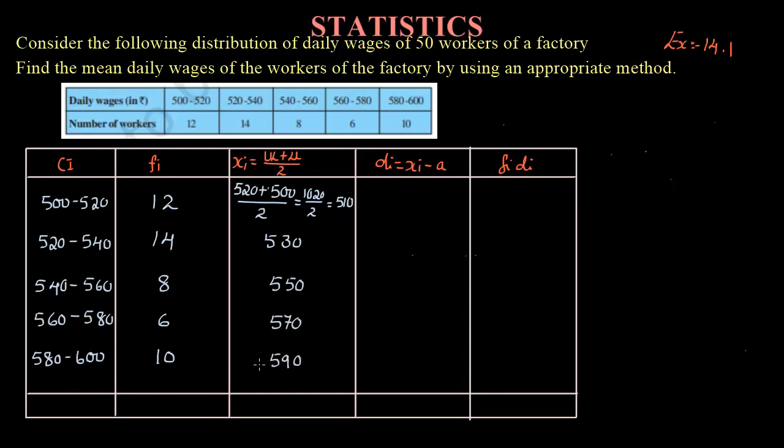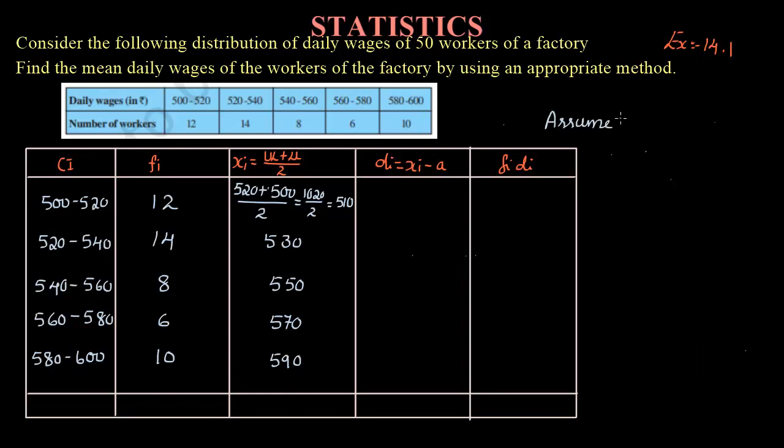Okay, now the next column is a new one which has been added in assumed mean method. What is this column? It is the deviation column. Deviation from the class interval and the assumed mean. So we need to assume a mean.